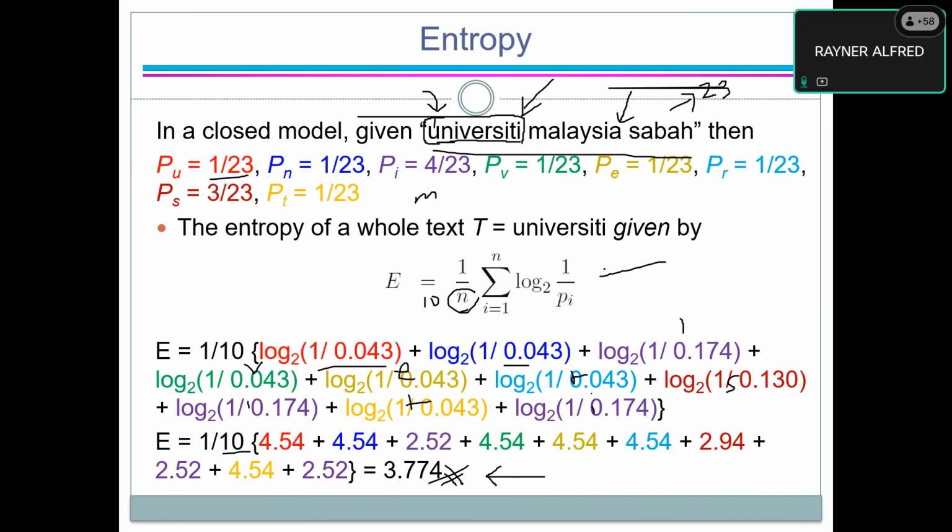So based on this formula, the higher the value, the more information carried by those symbols. If the probability is high, for example if the probability is 1, meaning this symbol is always used, then this should be 0, because log base 2 of 1 is 0.